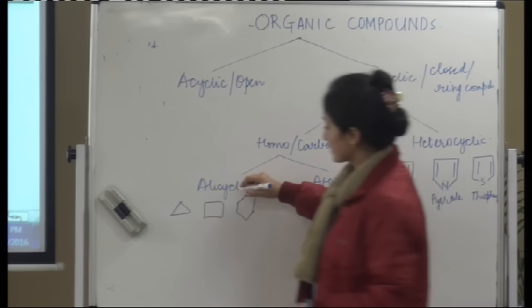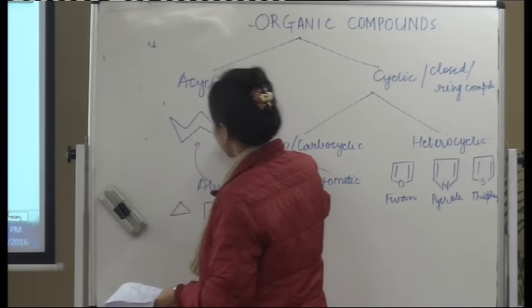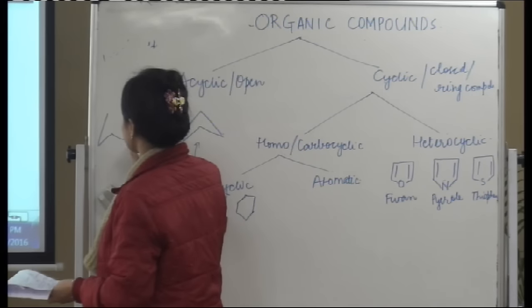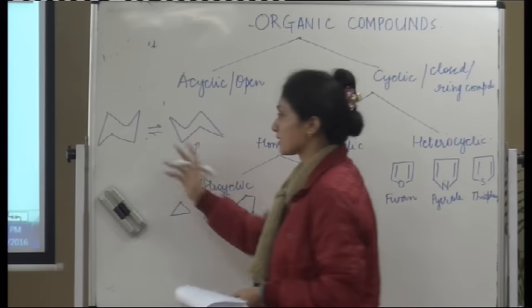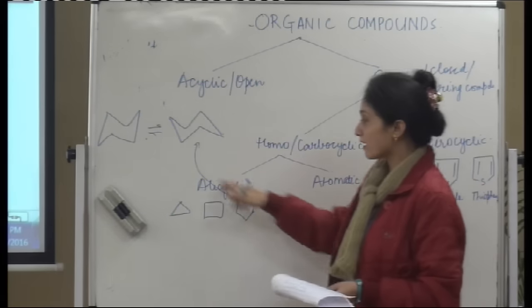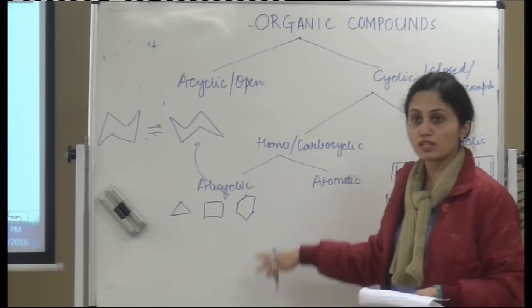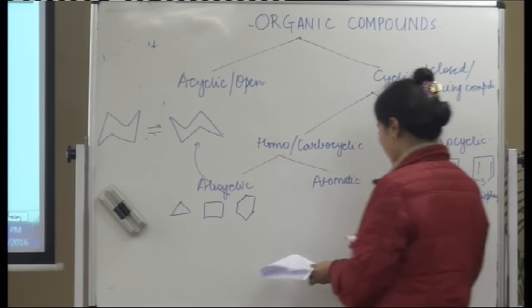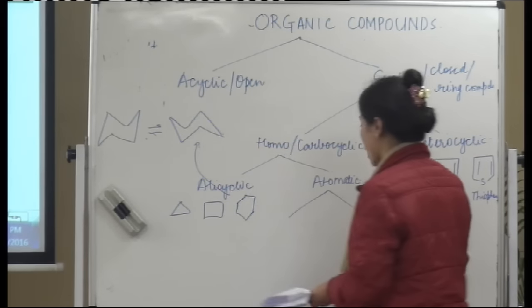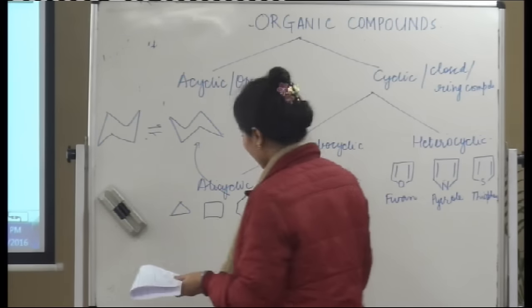Cyclohexane actually exists in a chair form which looks something like this. It is either this chair or this kind of chair. Both of them exist in equilibrium. So all these are alicyclic compounds: cyclopropane, cyclobutane, cyclopentane, cyclohexane, and so on. When you talk about aromatic compounds, again in aromatics you have two types. Either they will be benzenoid in nature or they will be non-benzenoid.